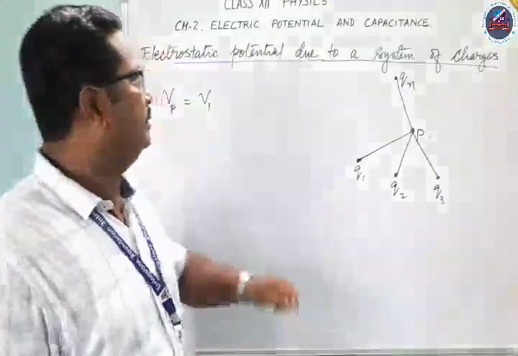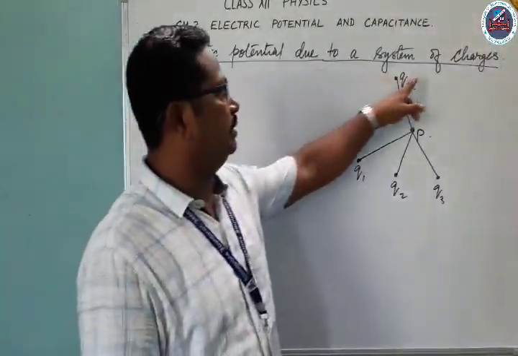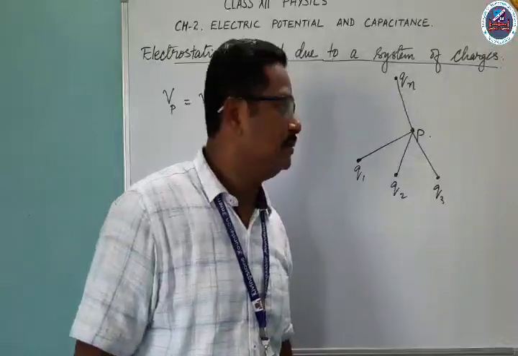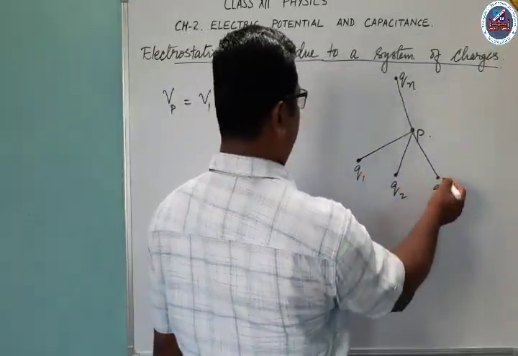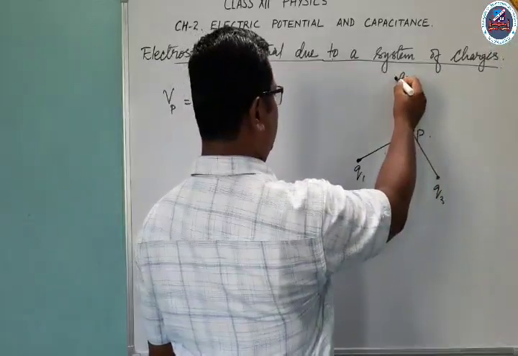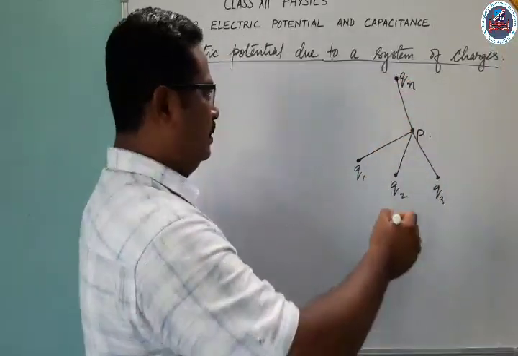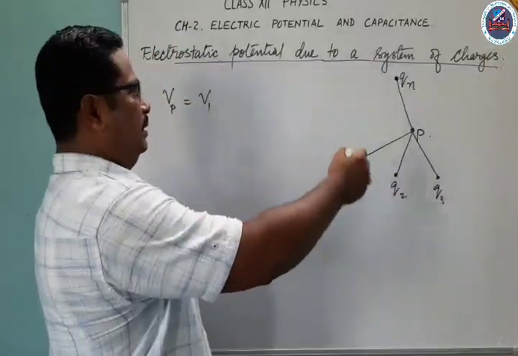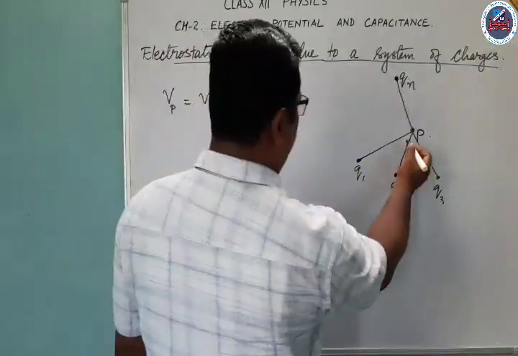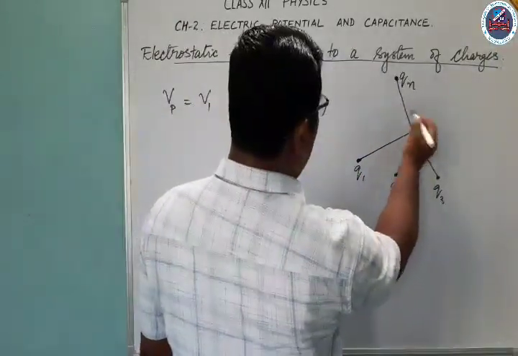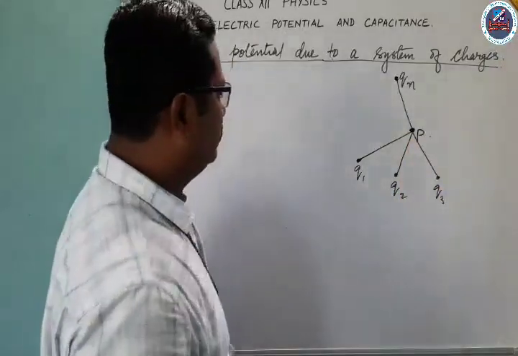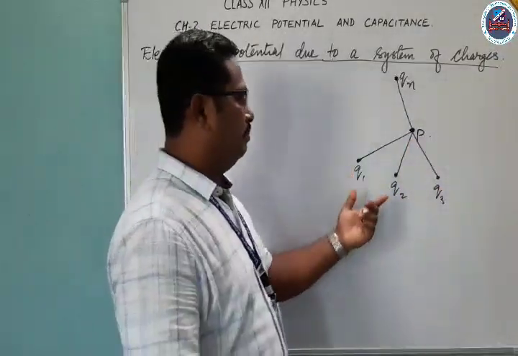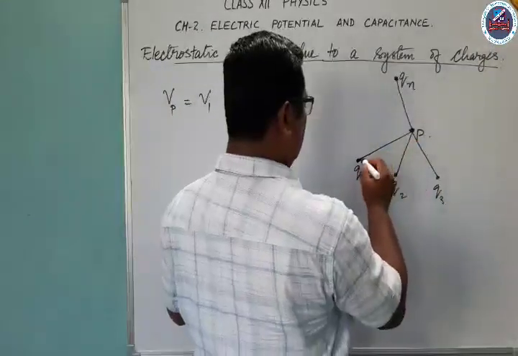Let us see the electrostatic potential due to a system of charges. Suppose you have charges Q1, Q2, Q3, Q4, Q5 up to Qn charges, and you want to find out the electrostatic potential at a point P. Then what you have to do is add up all the potentials.